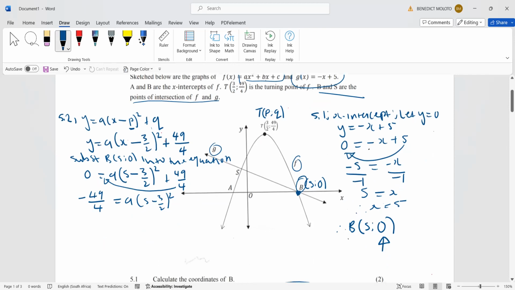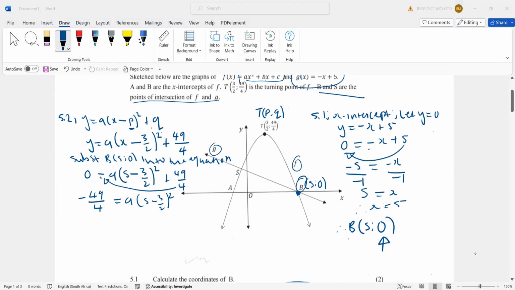Then let's try to calculate. In brackets, 5 minus 3/2, to the exponent of 2, which is 49/4.